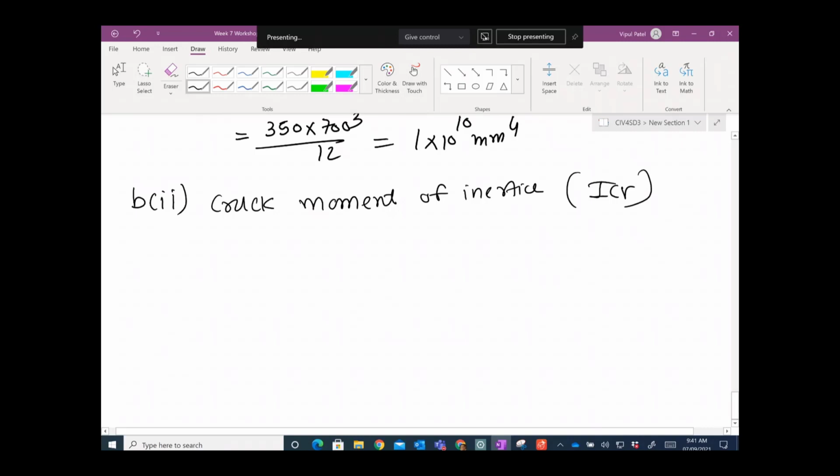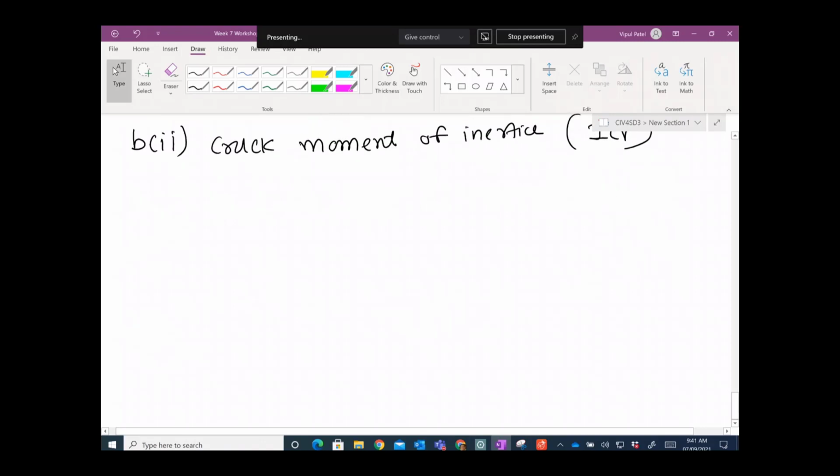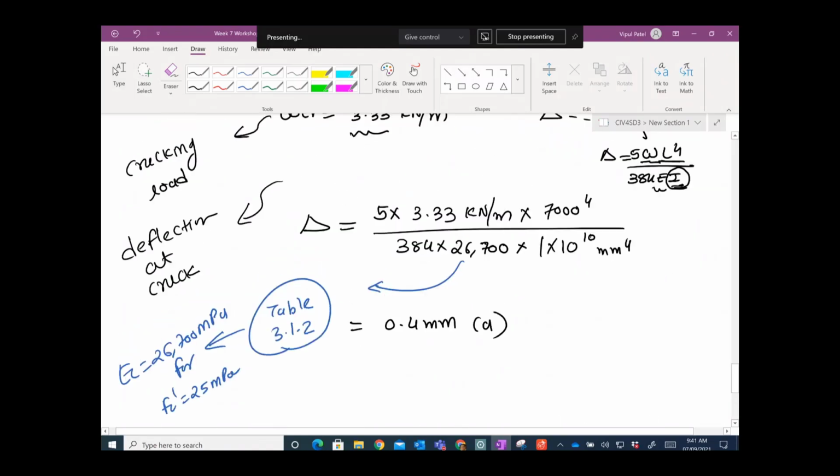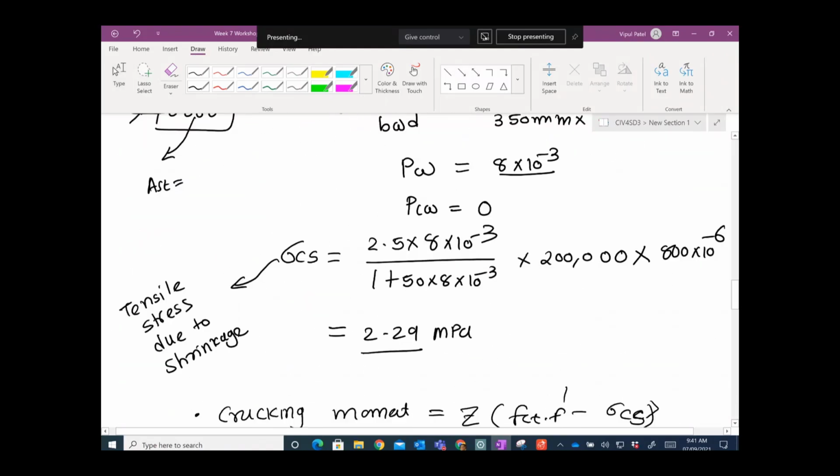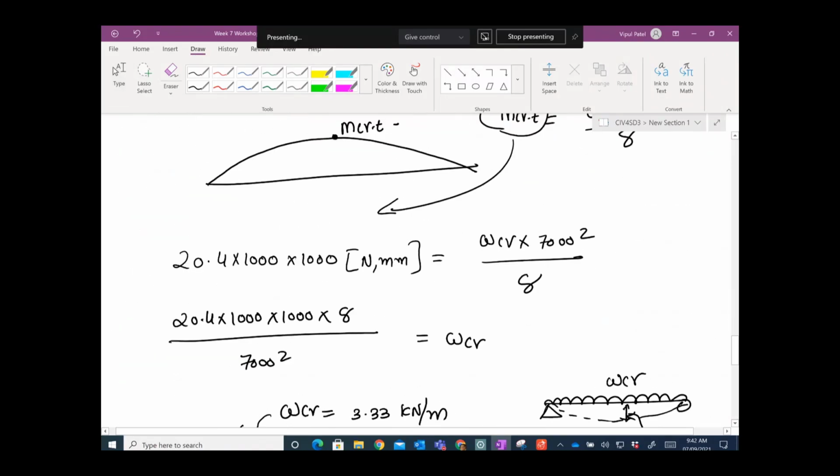It is basically when the beam is going to crack. The beam cracking means that it will crack under these loading conditions, when the beam is loaded here.